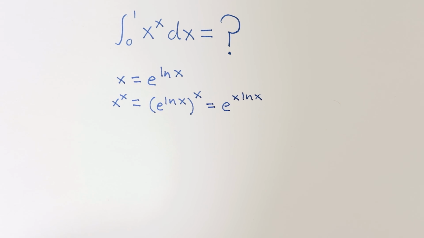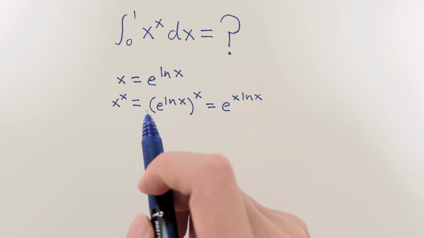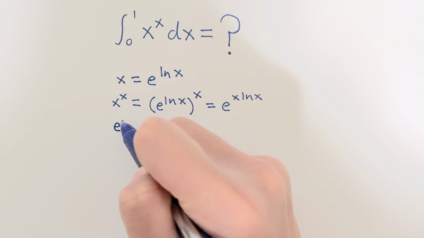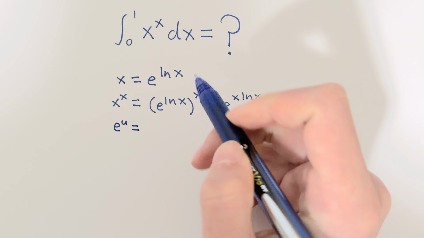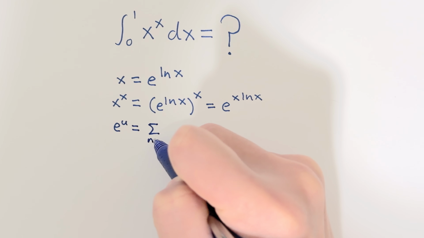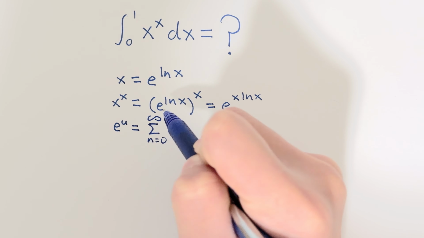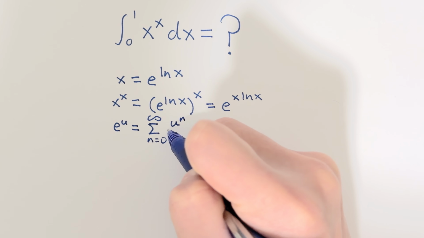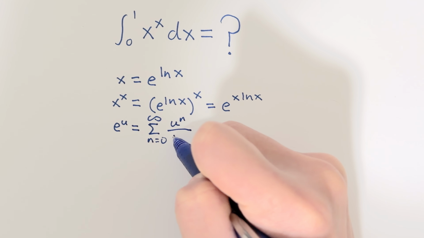And now, the power series expansion. We can use the Taylor series for e to the power of u. This is like the cheat code for dealing with complex exponents. We know that e to the power of u by Taylor series is equal to the summation from n equals 0 to infinity of u to the power of n divided by n factorial.